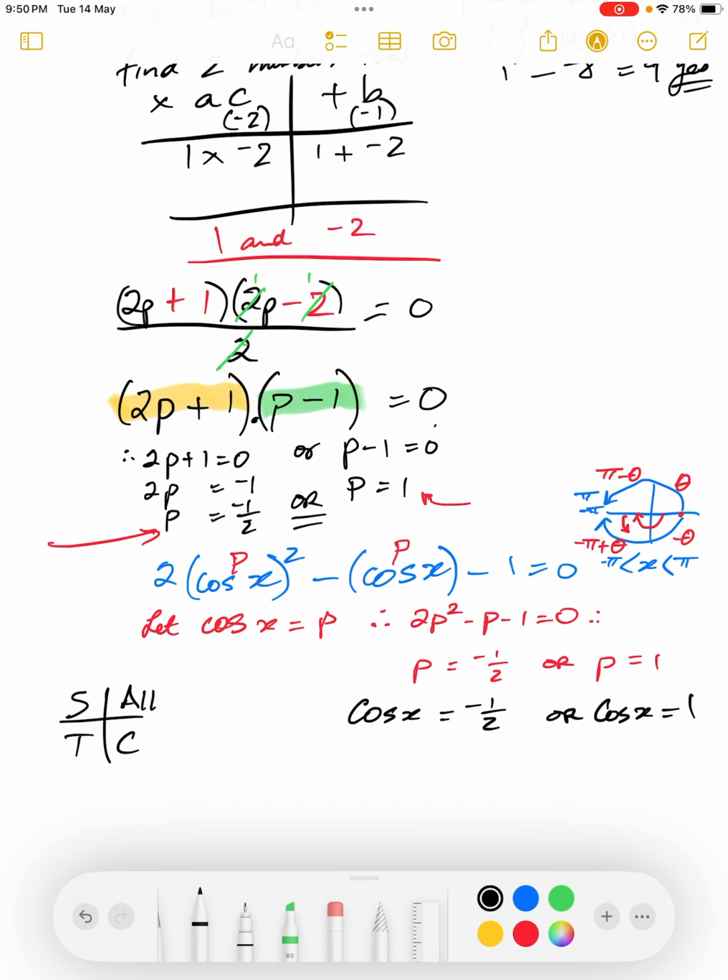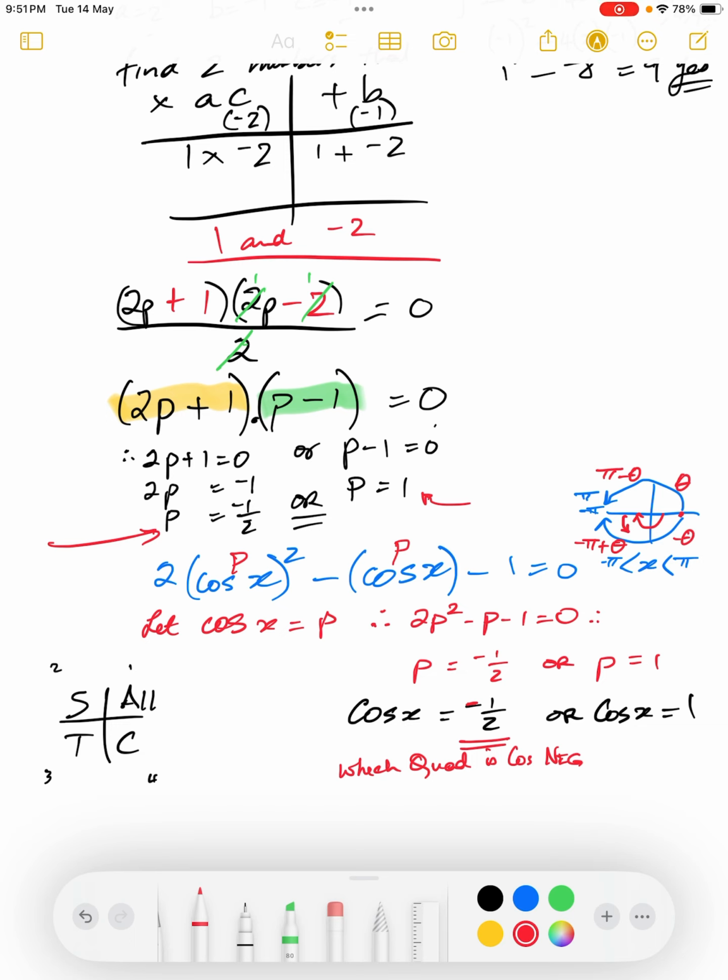Only the sine is positive in quadrant 2. Only the tan is positive in quadrant 3. Only cos is positive in quadrant 4. So which quadrants is cos negative? Because it's a negative a half.